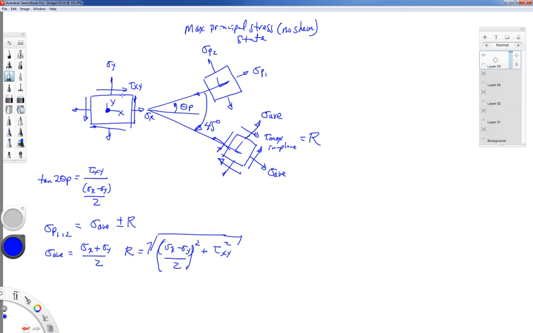So these stress states, you can imagine just taking the square and rotating it to these orientations. Okay, so this stress state down here would be known as our maximum shearing stress state.